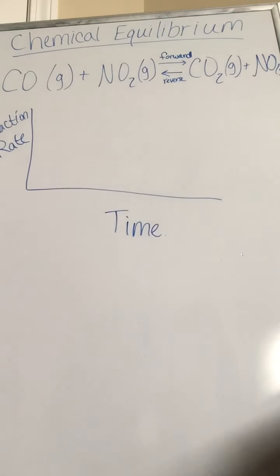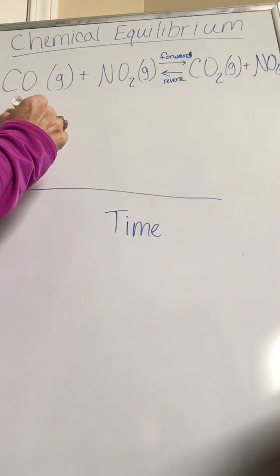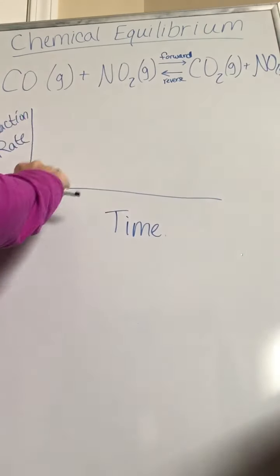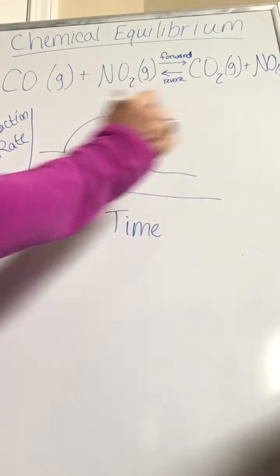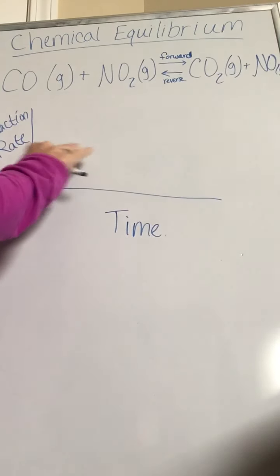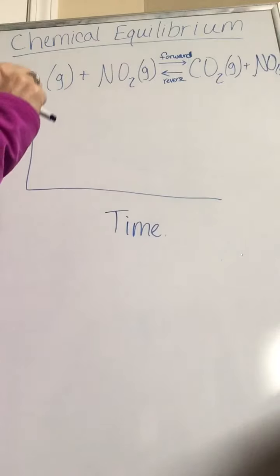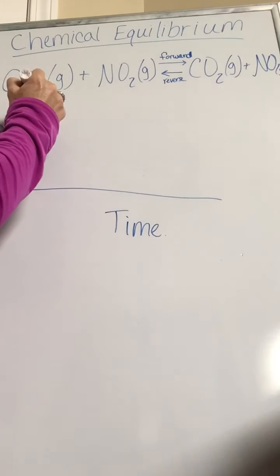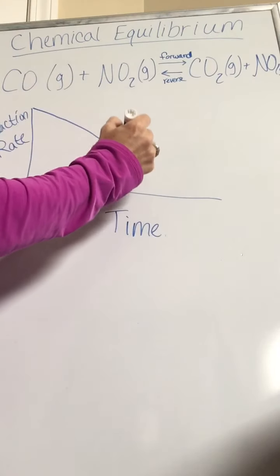So remember our reaction rate and time before, it was something like that, or when you have the activation energy, something like that, but it was always just one thing going in one direction. But with the equilibrium reactions, taking into account both, we now have a forward reaction.